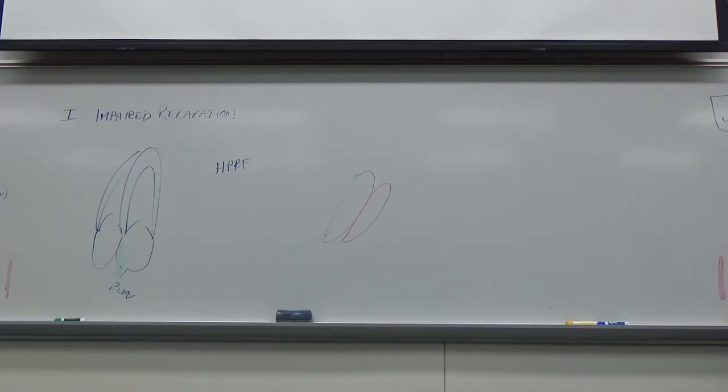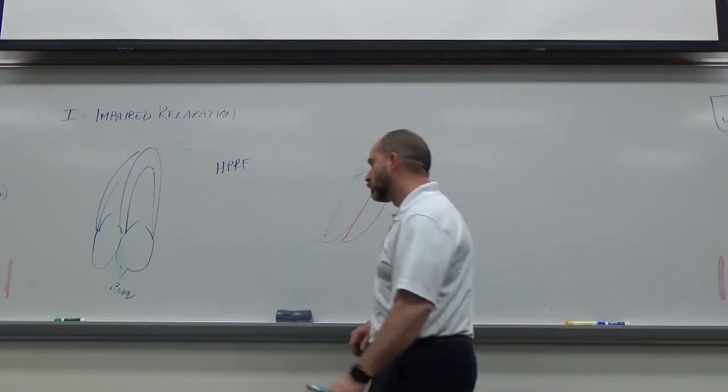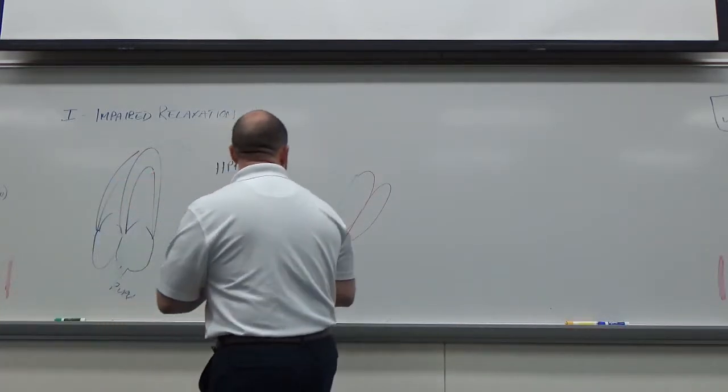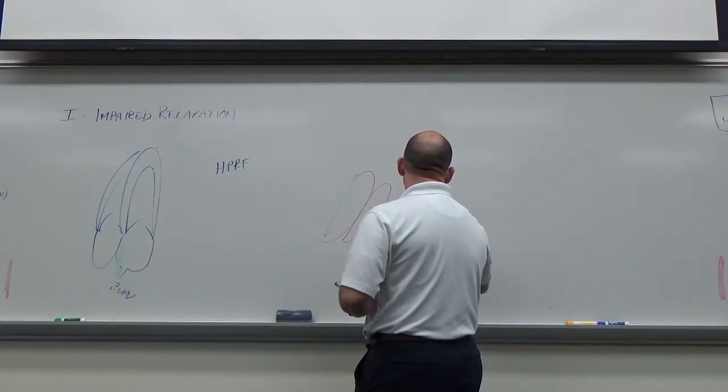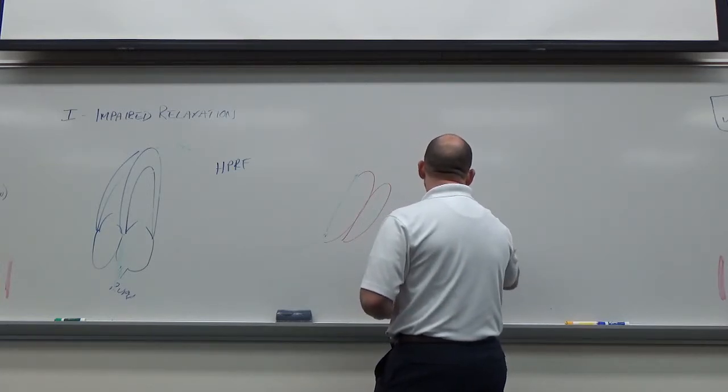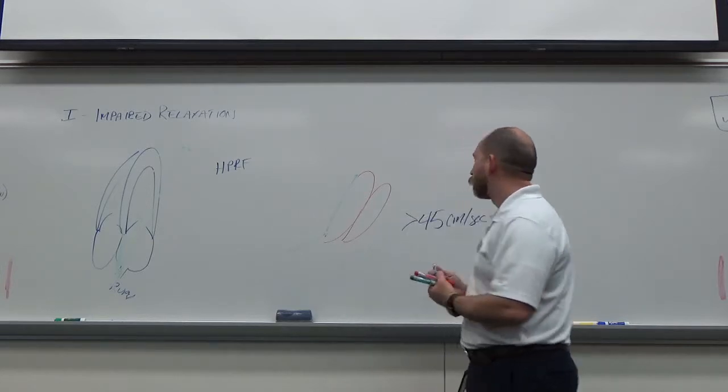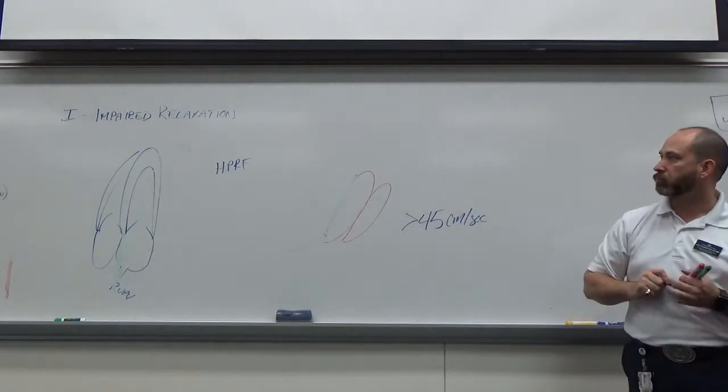For impaired, for this level of diastolic dysfunction, we're looking at below 45 centimeters per second. So impaired is below 45. Yep. Okay, so below 45 centimeters per second for that.